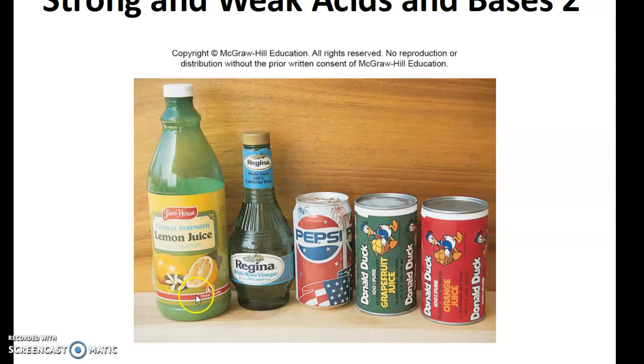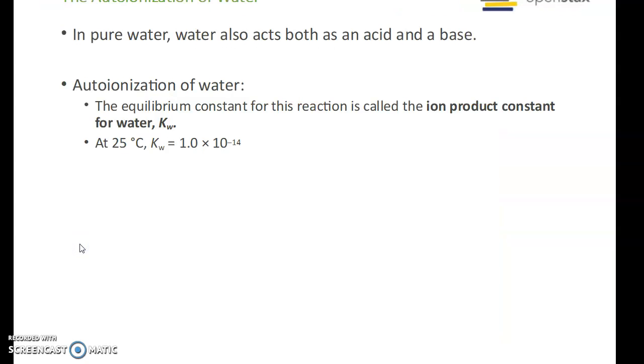Lemon juice, this is citric acid as well. This is wine vinegar, which is also acetic acid. You may have some acetic acid, but it's primarily phosphoric acid that helps clean the bugs off your windshield from using a Coke or Pepsi solution.